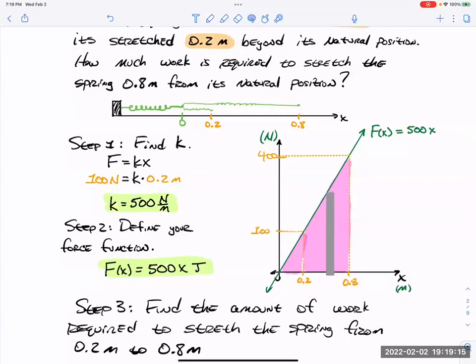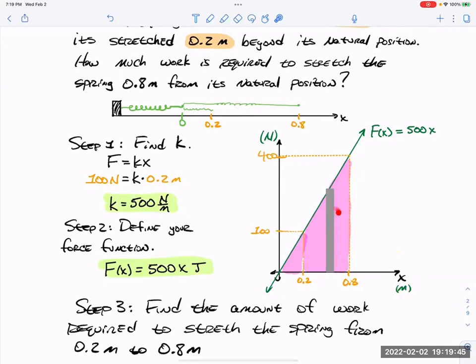My question to you is, what are the units of area for this thing? Well, remember, this partition has a height, correct? What would the units of the height be? Newtons. Now, what's the units of the base or width? Meters.